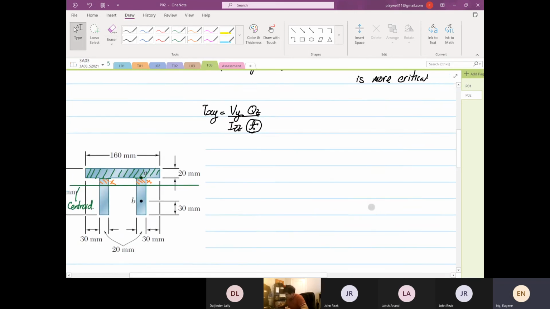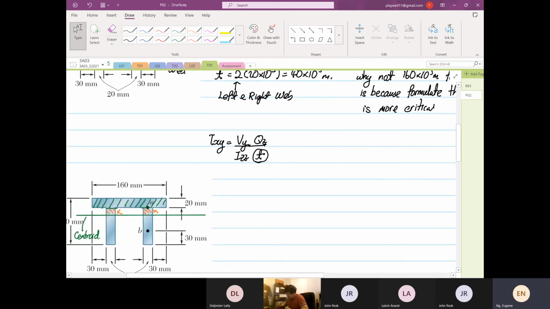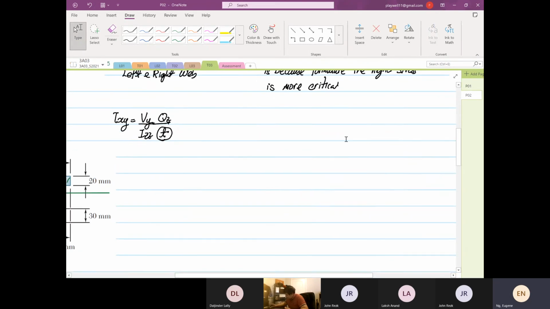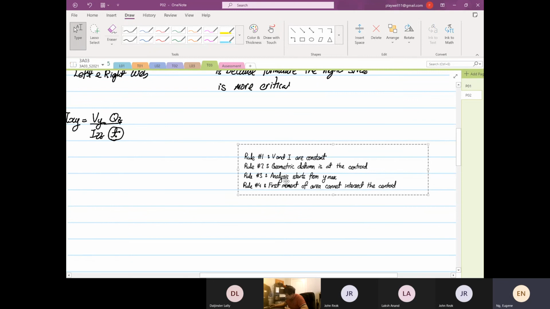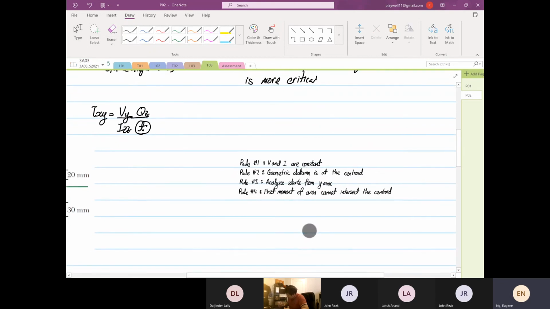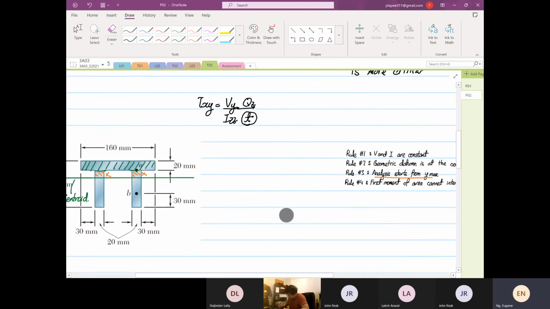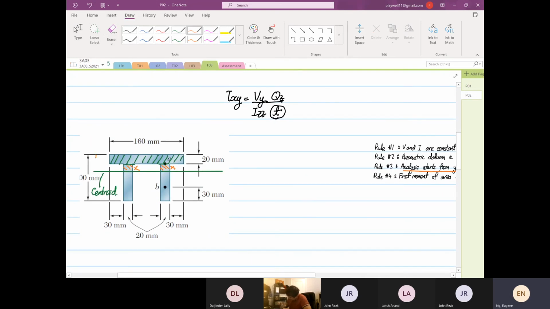So why is this? Because of the way we derived the equation on Tuesday, right? Analysis starts from where? Y max. So this is the analysis direction. It is coming towards the centroid, not from the centroid outwards.